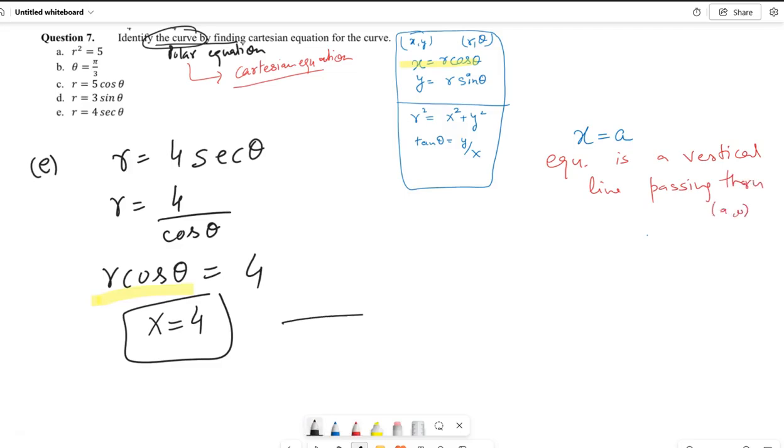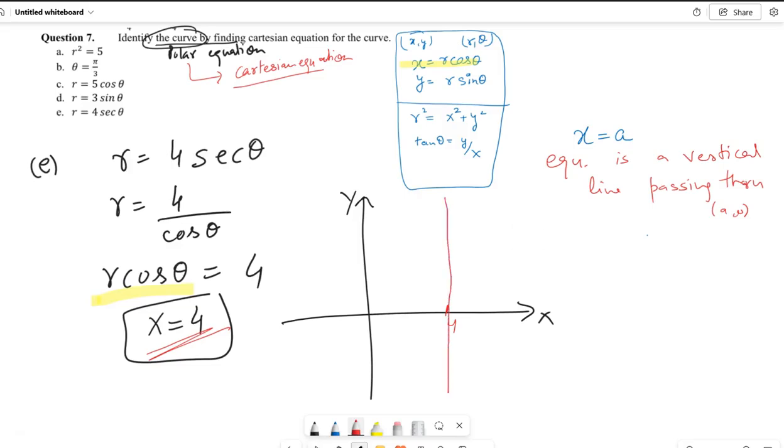So that means here we have our x-axis, y-axis. For this equation, somewhere we have 4 on the x-axis, 4, 0. So the graph of this equation is your vertical line passing through the 4, 0 point. This red line is the graph of the polar equation, x equal to 4.